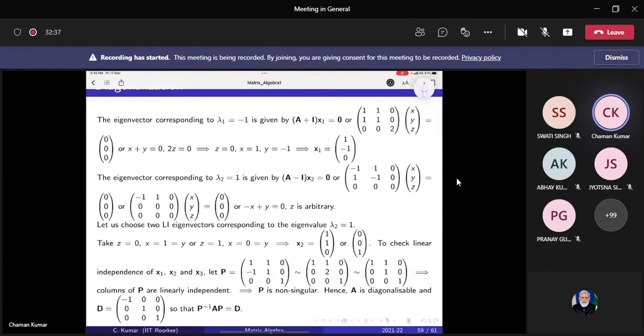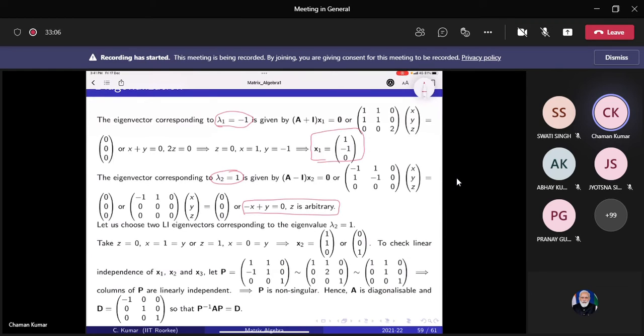Here we calculate the eigenvector corresponding to the eigenvalue lambda 1 is equal to -1. Let's say this comes out to be this. And corresponding to the eigenvalue 1, the eigenvector satisfies this equation: -x plus y is equal to 0 and z is arbitrary.